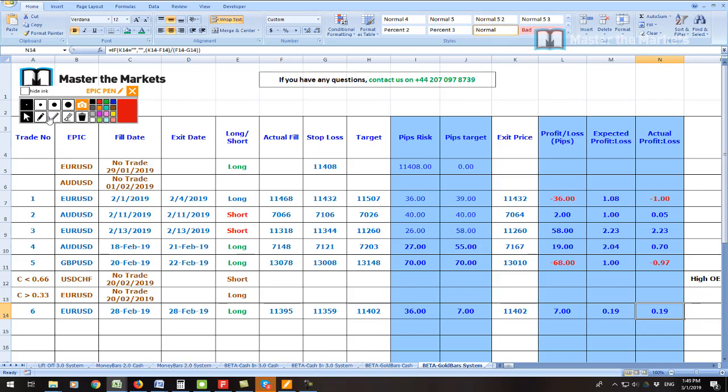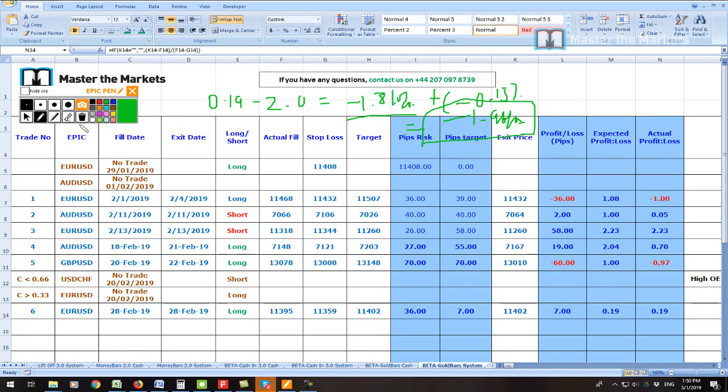So when we add that up, 0.19 minus the 2%, we get -1.81%. Now, -1.81 plus 0.15 minus that, that's about -1.96%. So that's what we have for this week: -1.96% drawdown.